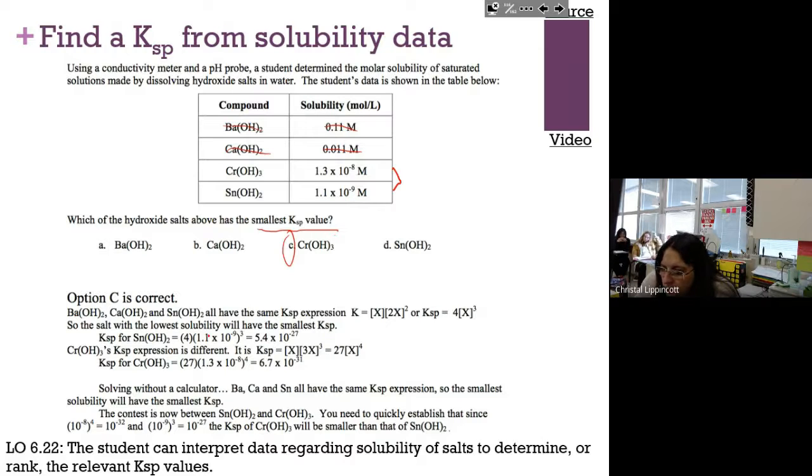So you quickly establish that since this would be raised to the 4th and this raised to the 3rd, you're going to end up with 10 to the negative 27. Why is it raised to the 4th?